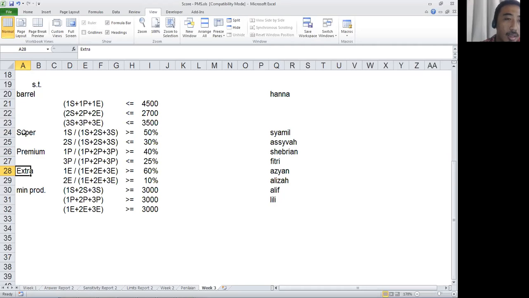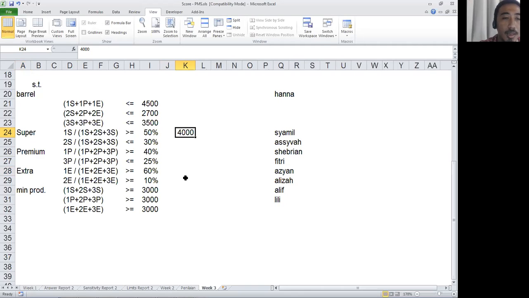Let's say, is it possible if the total super will be, let's say, 3,000 and the total extra maybe less than 3,000? So the total of this percentage could be different. Maybe this is 4,000 and this one is 3,000.